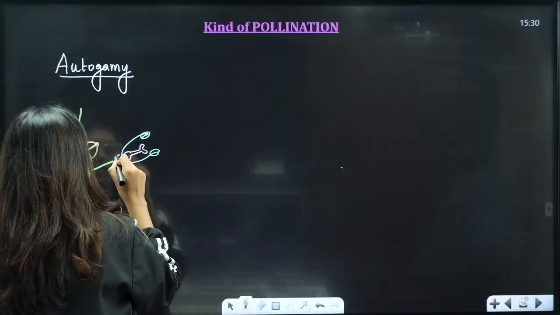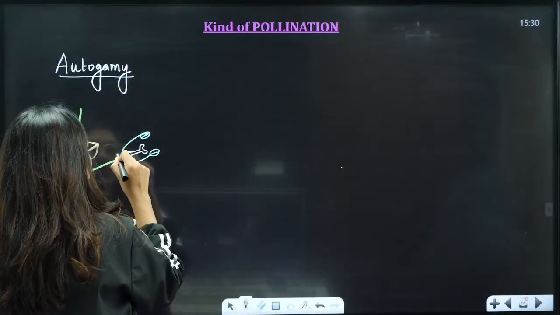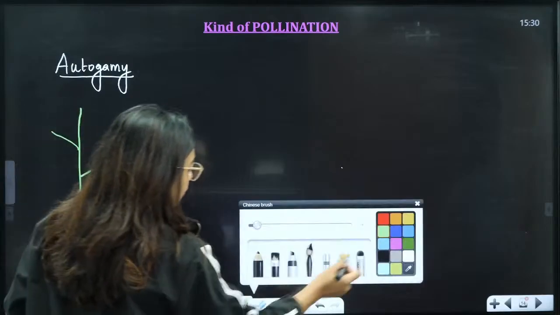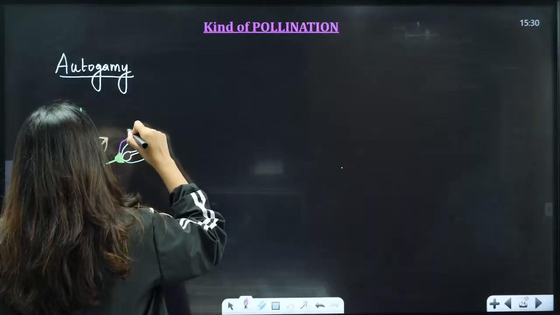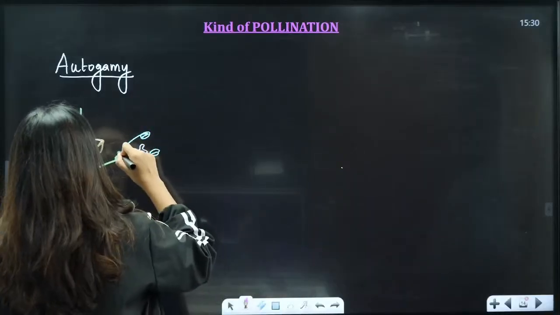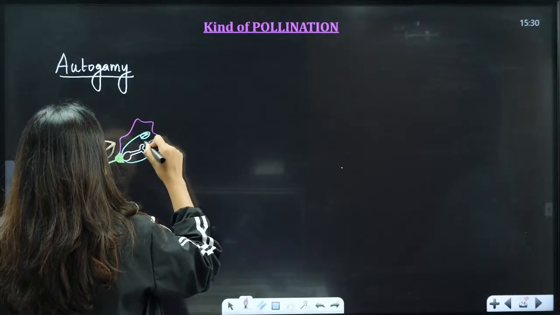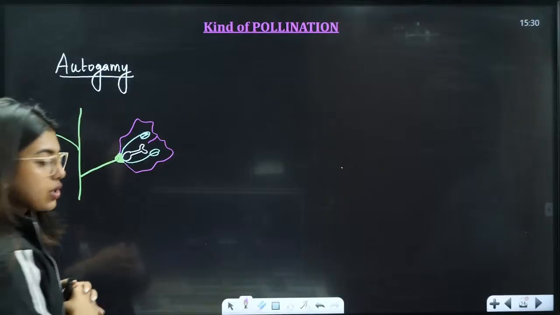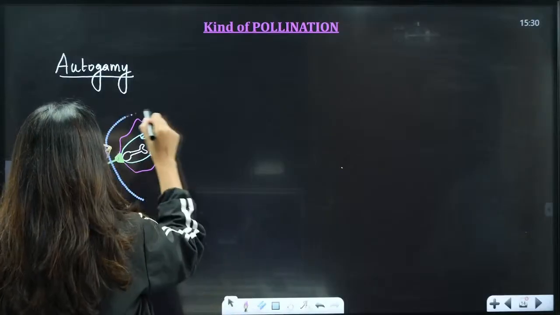Now here you will have a small swollen portion, and from here you will see petals coming. Like this, one flower you can see, correct? Yes or no?